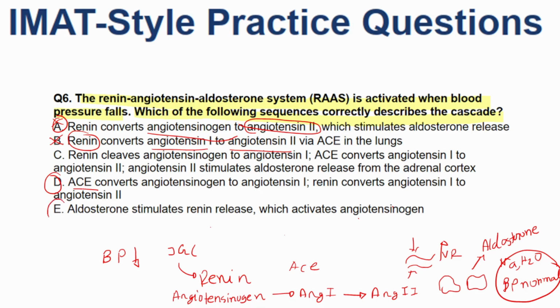Option E inaccurately states that aldosterone stimulates renin release, which is the reverse of how the feedback loop operates. Tracing the sequence perfectly from renin cleavage to ACE conversion and finally to aldosterone secretion, we arrive at the correct answer, which is option C.